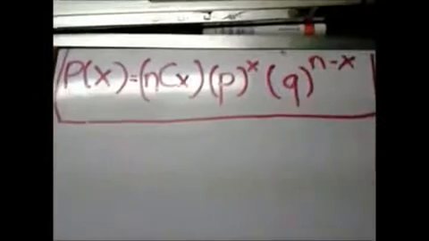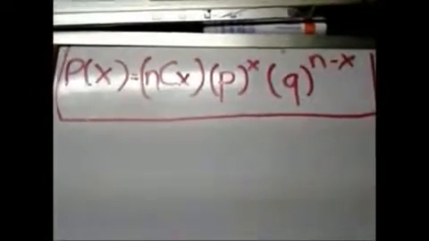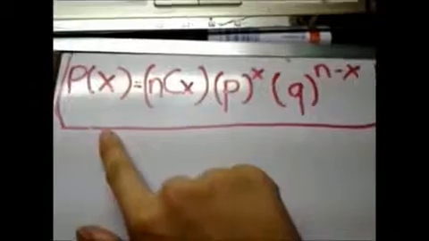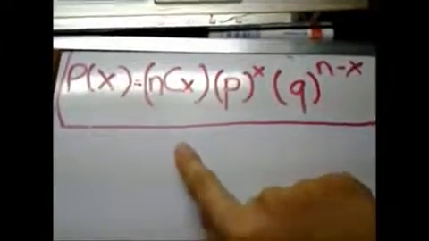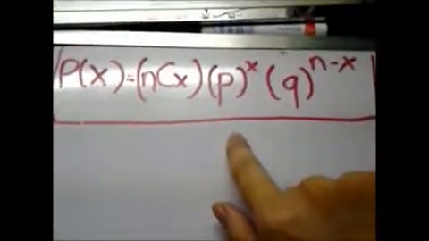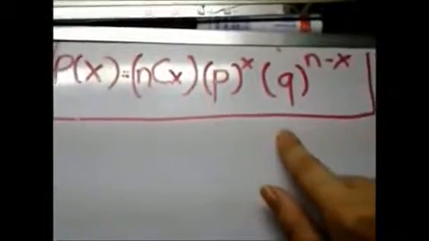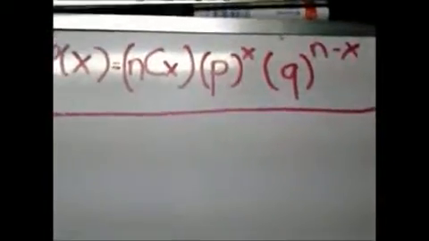The survey found that 23% of the respondents stick with their group, according to USA Today, January 21, 2004. So for this problem, we are going to use the formula P(x) is equal to nCx times p to the power of x times q to the power of n minus x.